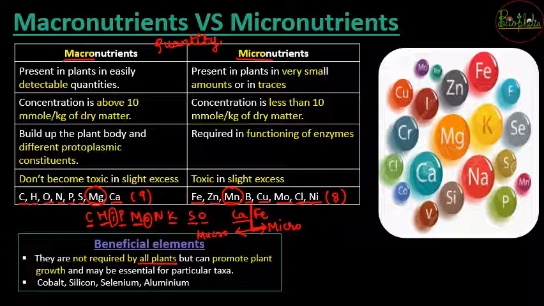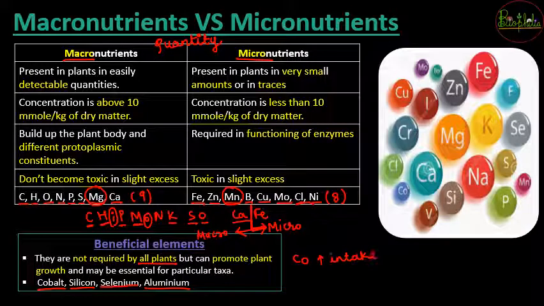So they involve cobalt, silicon, selenium and aluminium. So these are the 4 beneficial elements, in whose absence there is no harm and in whose presence there is benefit. So with this you can remember beneficial elements, and one example can be given: cobalt is going to increase the intake of copper.